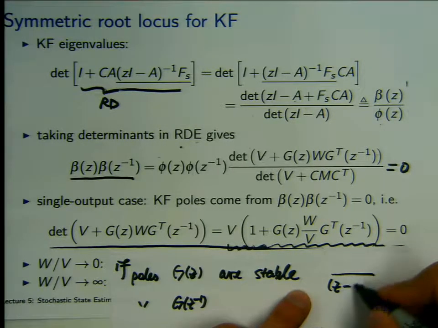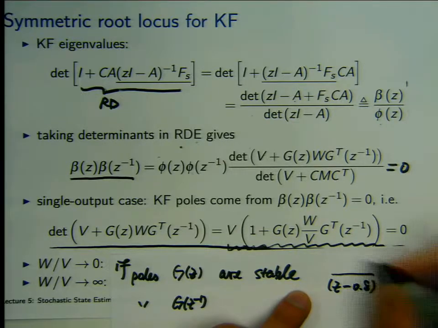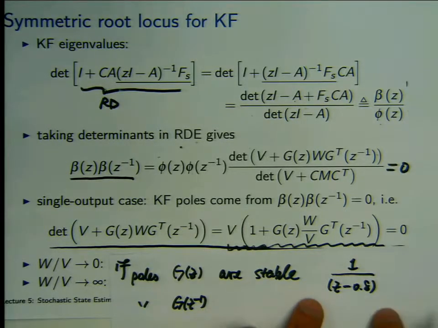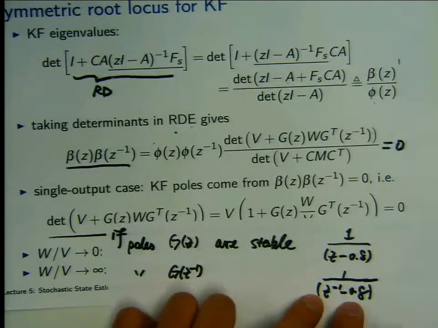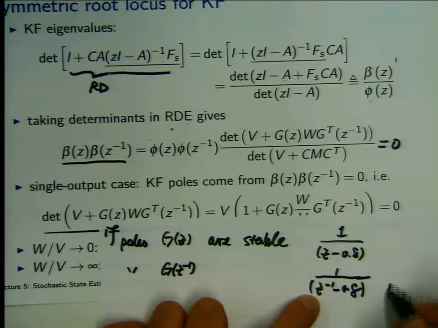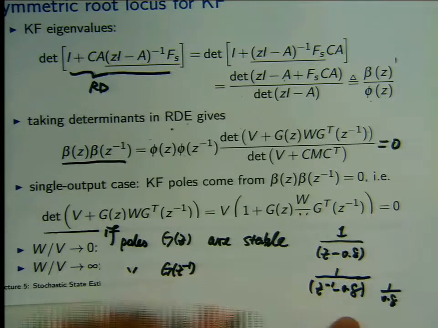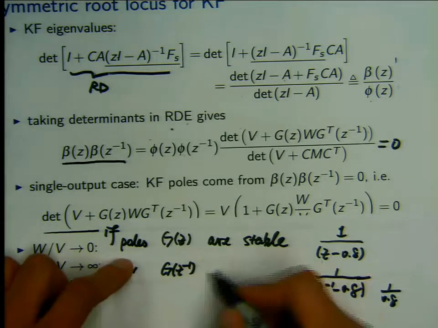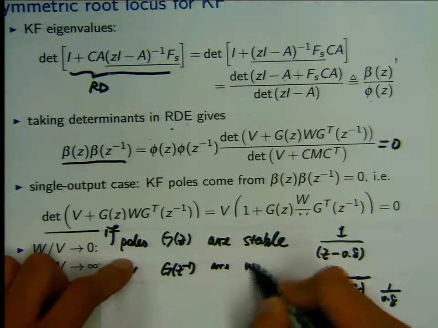Take a simple case: if G(z) is 1 divided by (z minus 0.8), then G(z) inverse looks like (z minus 0.8). The pole of this is going to be 1 divided by 0.8. So if the poles of these are stable, then the poles of these are unstable.